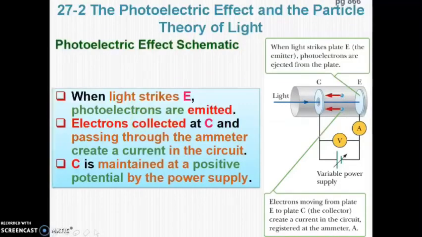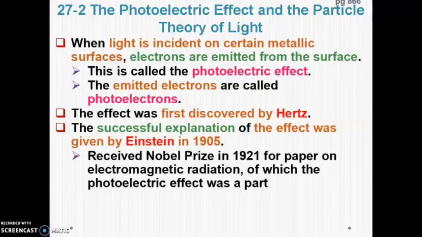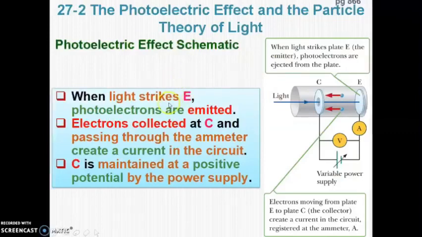Going back to this, it is the emitted electron. The electrons are then collected at C, and passing through the circuit, here you have a voltmeter. So again, electrons collected at C and passing through create a current in the circuit. C is maintained at the positive power supply.